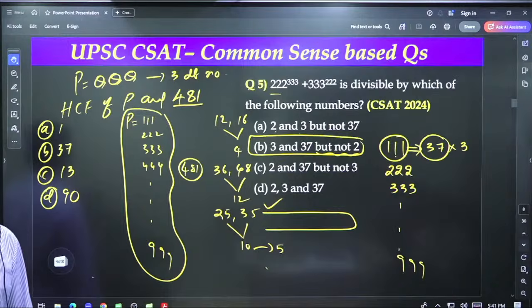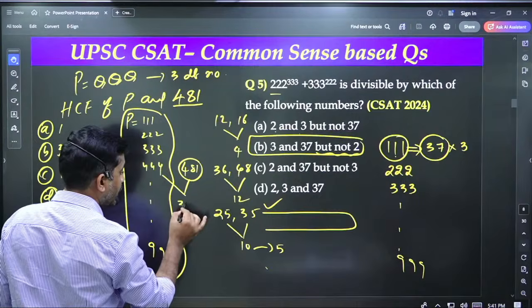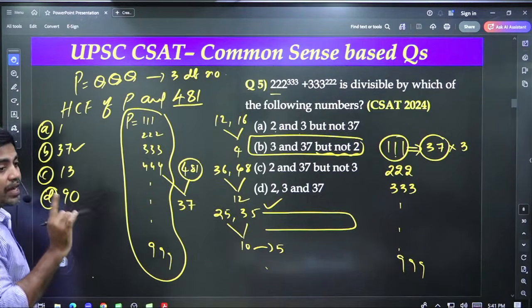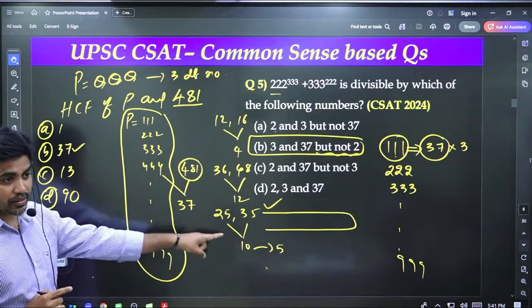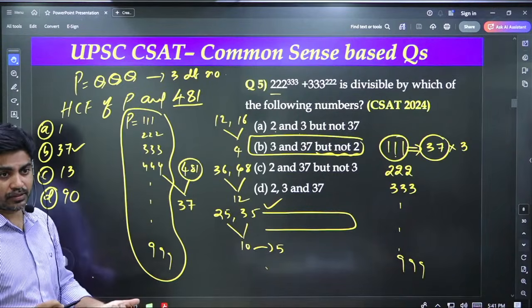For easy simplification, always take the nearest number. What is the nearest number? 444. What is the difference between these two? 37. Don't answer 37 directly. I said maybe difference or difference's factors. Answer is maybe 37 or 37's factors.